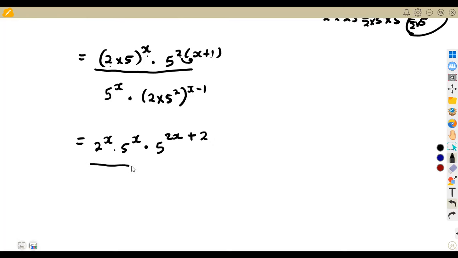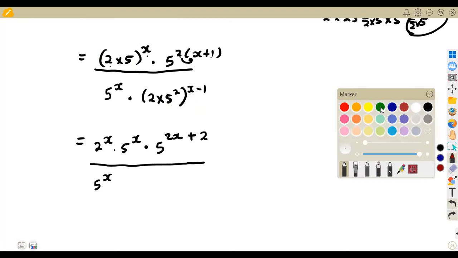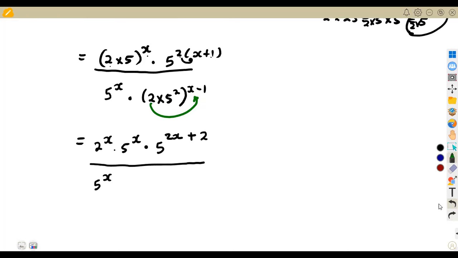Everything over here, we have 5 to the exponent of x, which is already in simplest form. Then on this part, we are back to distributing, where everything is going to be raised to that exponent. So 2 was supposed to be raised to the exponent of x minus 1, and the 5 to the exponent of 2 is raised to the exponent of x minus 1.